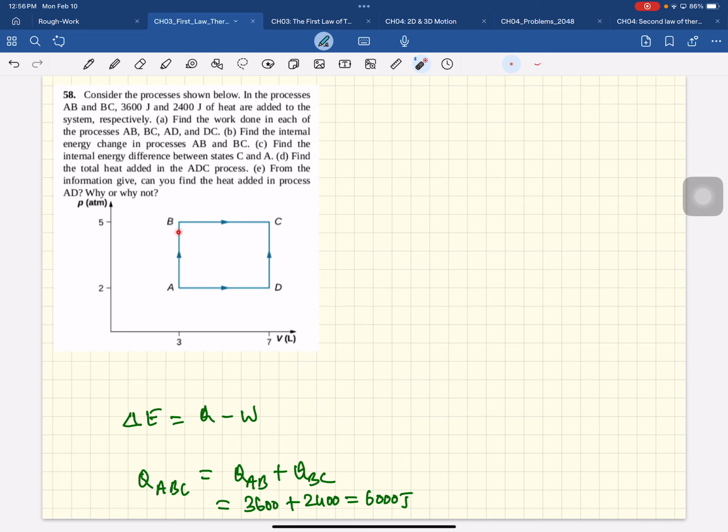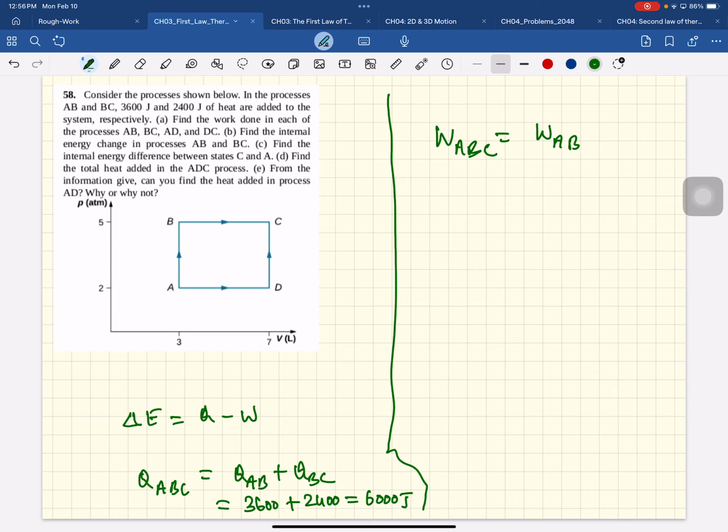What is the work done along AB? Zero, right? Very good. Why is it 0? There's no area under that curve. Plus BC. This one is 0, it's an isochoric process. What is the work done along BC? It's 5 atmospheres.